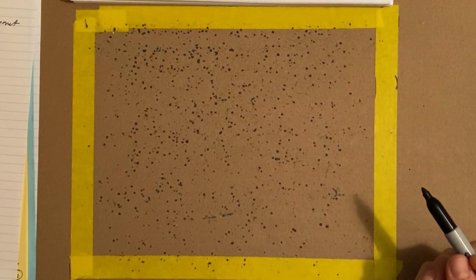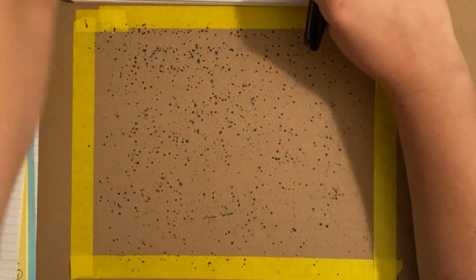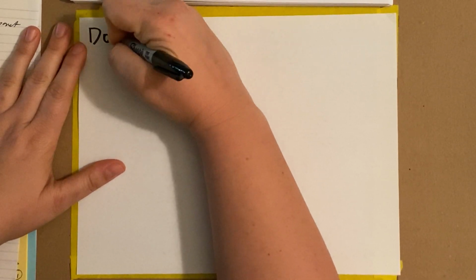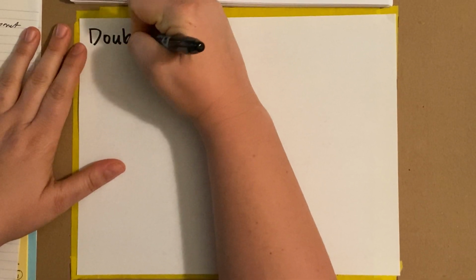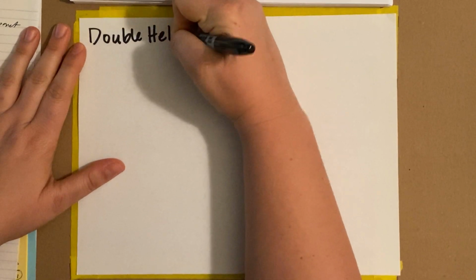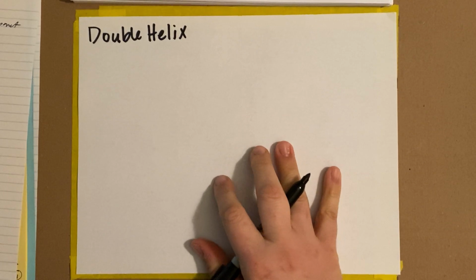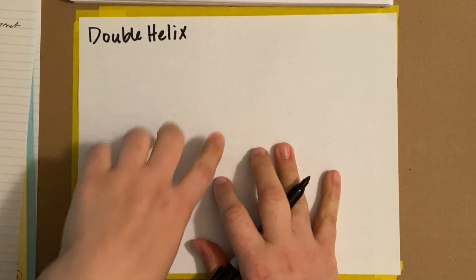So how do we actually know that that is the actual structure of the DNA? The double helix is one of the very, very important findings that allows us to understand how DNA is structured, and it also determines how it functions.